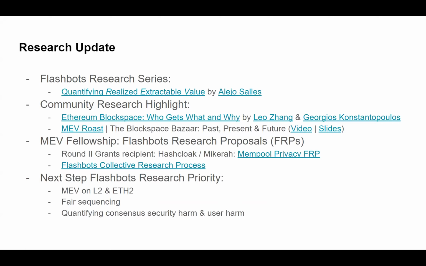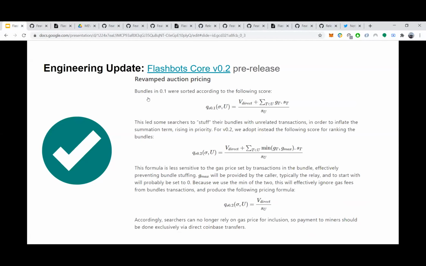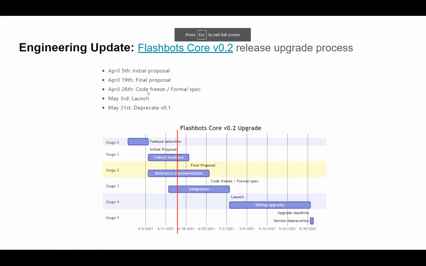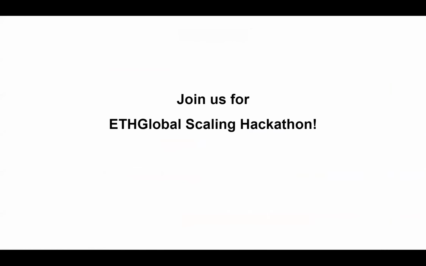Well, I think this is near the end of our call. I want to point to an exciting event that's happening recently, the ETH Global Scaling Hackathon. I believe we're going to give a few talks and potentially host a special MEV session where we dive deep into MEV and scaling.